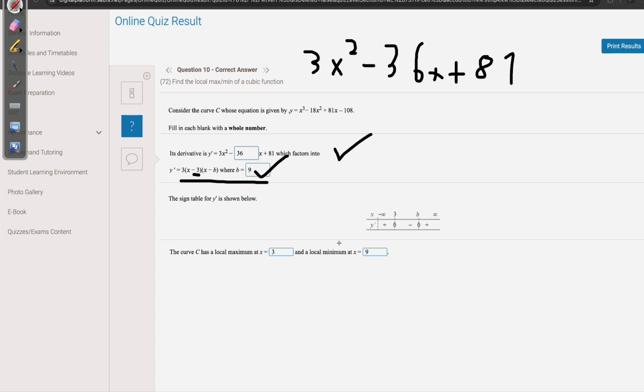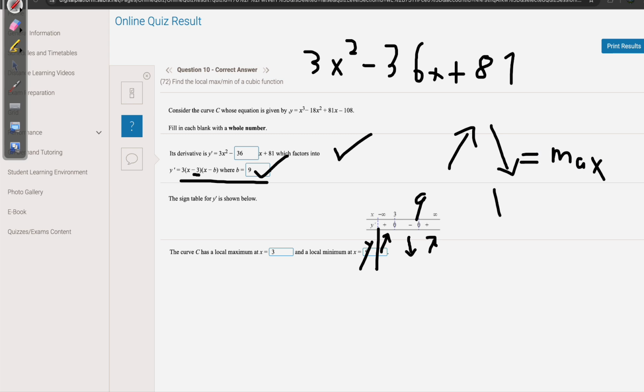Okay. Here, let's complete the table of variation. So here we'll have y. It will go up, go down, then go up. We already said b is 9. This next part is to be memorized. If it's up, down in the table of variation, it's a maximum.